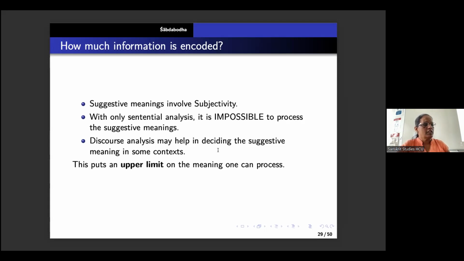And just by looking at the discourse, I'm not sure we will always be in a position to get the meaning. There might be certain things which are beyond the linguistic area, which need to be taken into consideration to get this suggestive meaning.